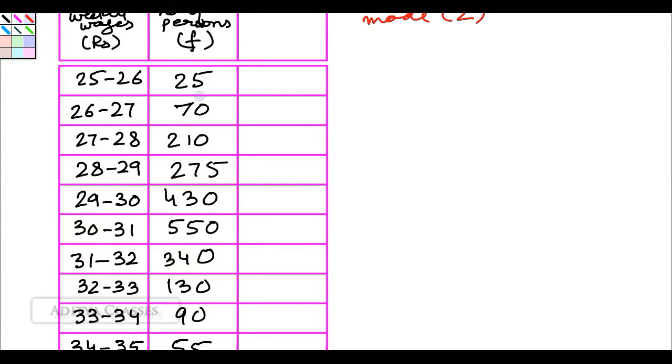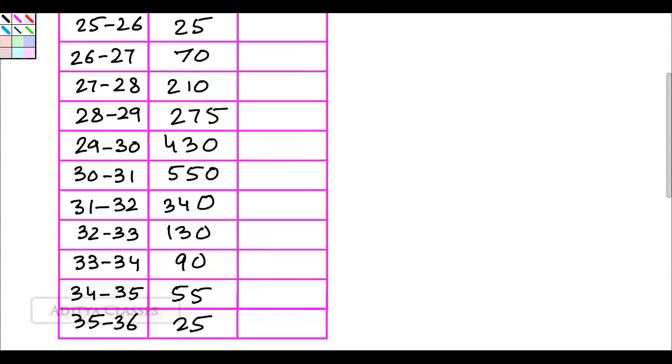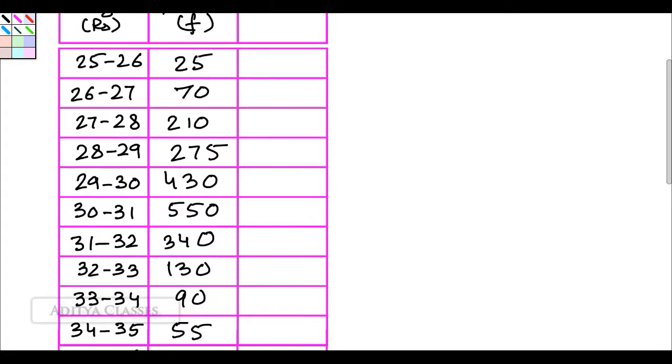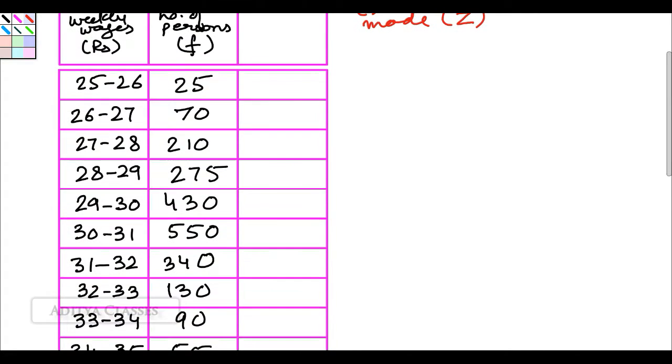Let us check this frequency column. 25, 70, 210, 275. This is the most frequent. This is the highest frequency. So this class becomes our modal class. This class becomes a very important class, modal class.